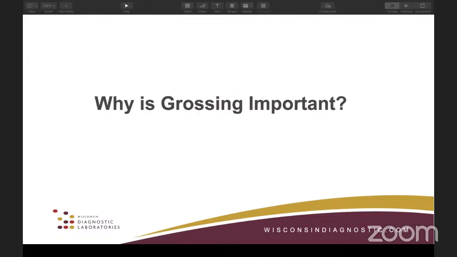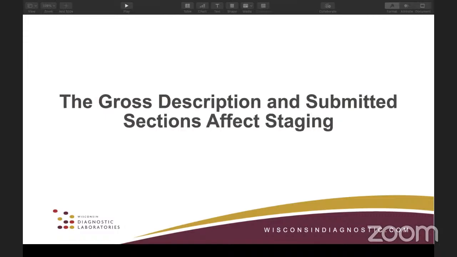So first, I want to talk about why grossing is important, and this is something that I think is not stressed enough these days. People don't understand why they need to learn how to gross and what the importance of it is. The gross description and the sections affect tumor staging, and I'll give a few examples of this as we go along.